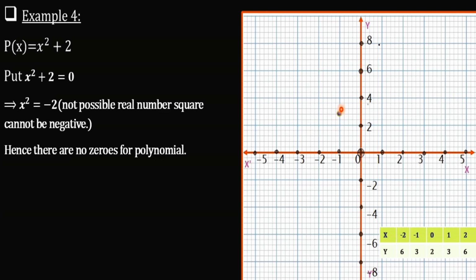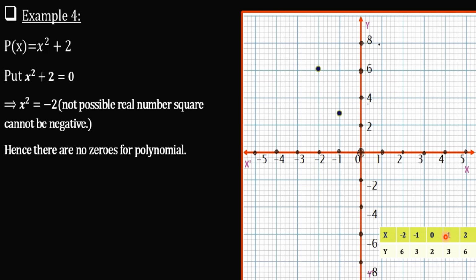At first we are plotting the point -1 and 3. Here is -1, that is x equal to -1 and y equal to 3, this point. Next point, x equal to -2 and 6, that is this is x equal to -2 and this is 6, these 2 points are coinciding here.